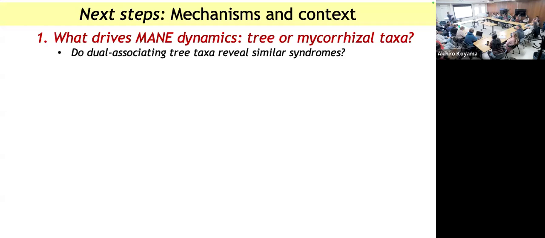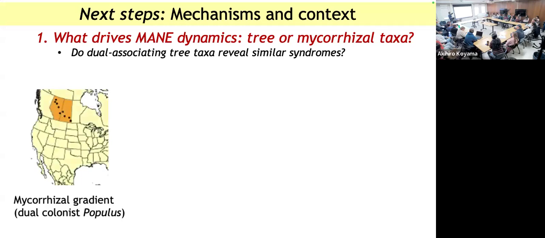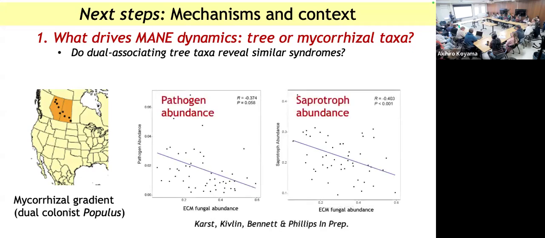So we're looking at dual associating tree taxa to see if we can look at these syndromes. For example, here's some work in the aspen parkland where we have a mycorrhizal gradient of Populus. Populus associates with both AM and ECM fungi. In some of our initial work, we looked at the percentage of roots that had ECM. This is actually from the soil, where fungal dominance, the ectomycorrhizae, were most dominant.